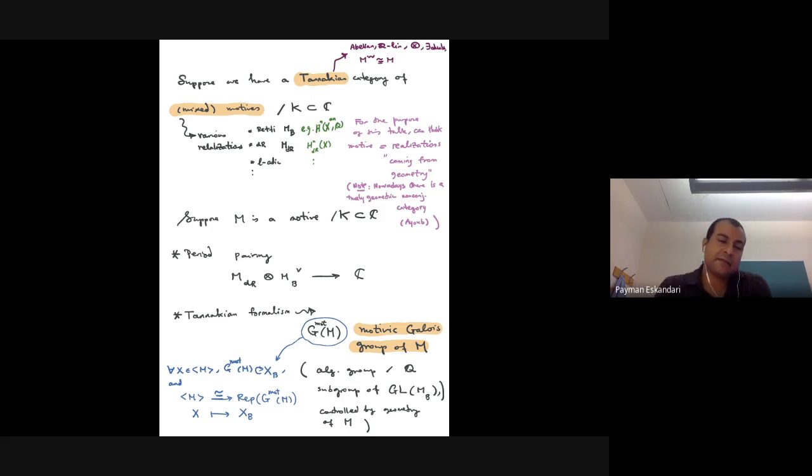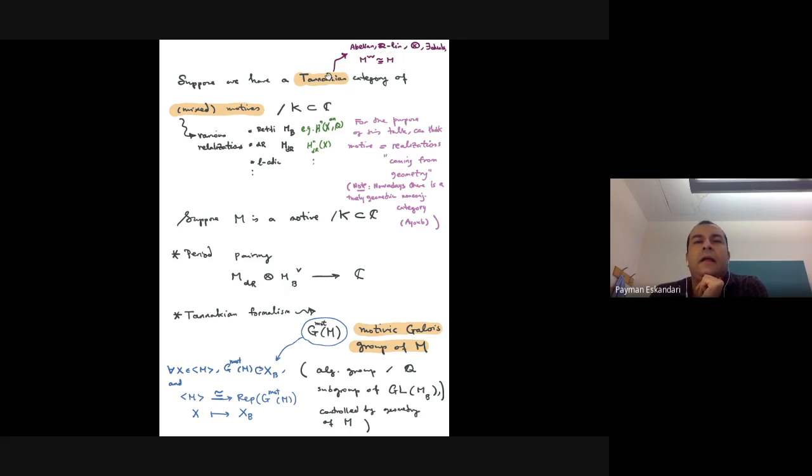So it's a category that has the same properties as the category of finite dimensional representations of a group. And in fact, there's a duality theorem that says that any Tannakian category is equivalent to the category of representations of an affine group scheme over Q.